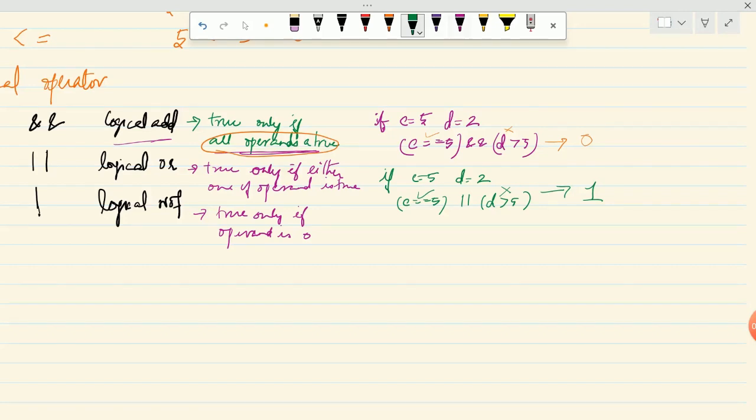Same way for logical NOT. If C is equal to 5, then the expression is NOT C equal to 5.